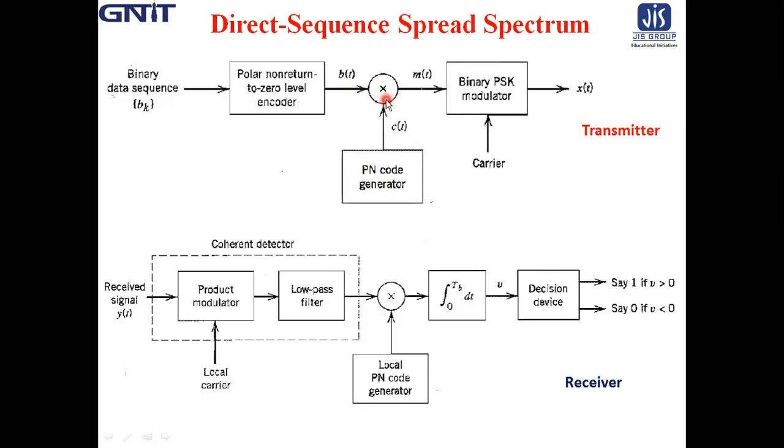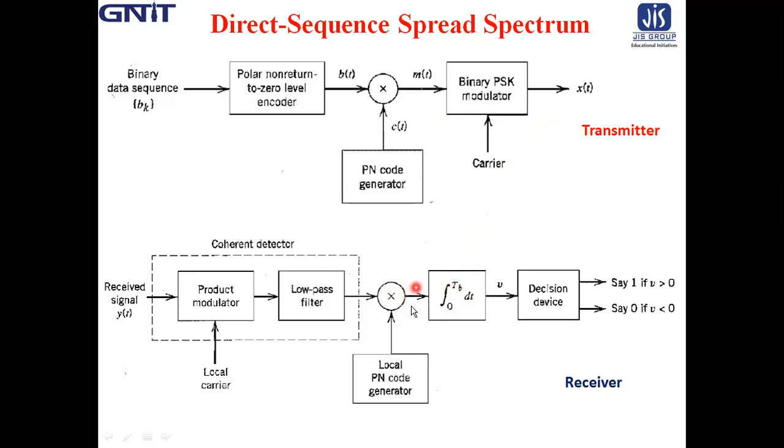The second stage consists of a binary PSK modulator. The transmitted signal x(t) is thus a direct sequence spread binary phase shift keyed waveform, that is a DS-BPSK signal.